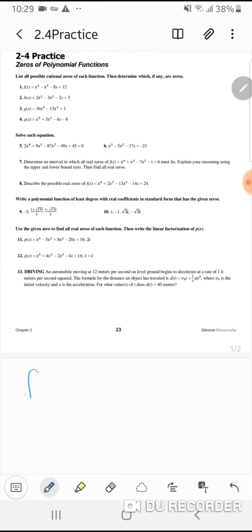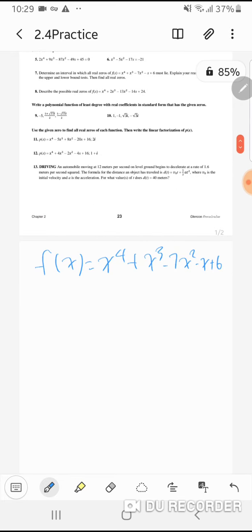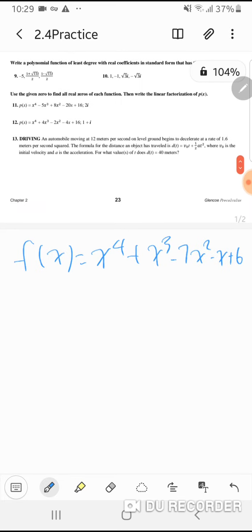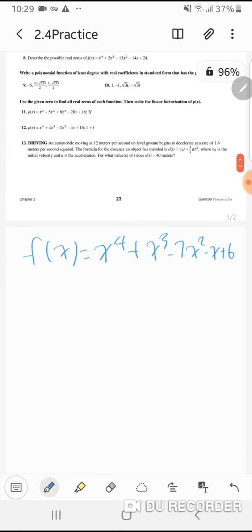So f(x) equals x to the fourth power. And then I actually don't really like to do this, but okay.